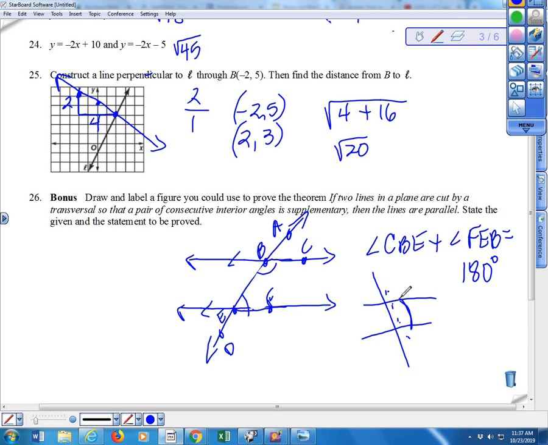Any other questions? The test tomorrow will not be quite this difficult. I always make the review a little harder to get you ready. The test will be multiple choice. However, for problems like the parallel line problems, proving lines parallel or not parallel, finding the equation of lines or the distance, if you get the answer right and there's no work, I will not give you credit for the problem.